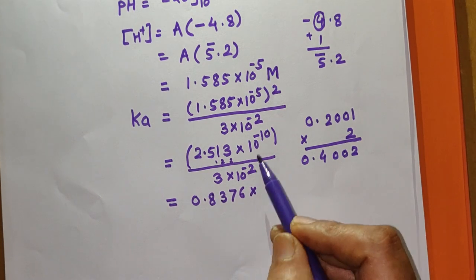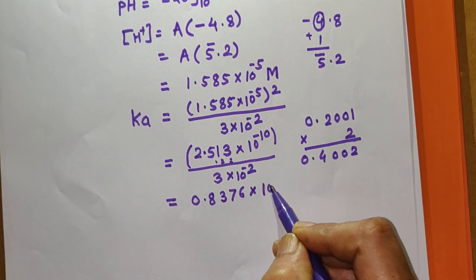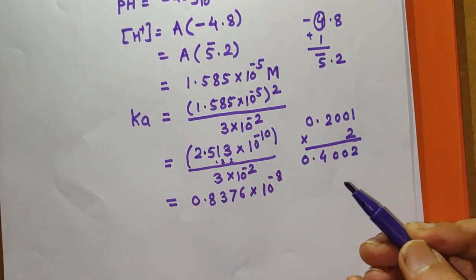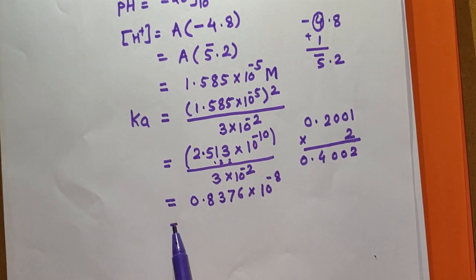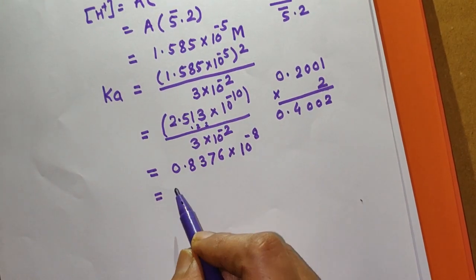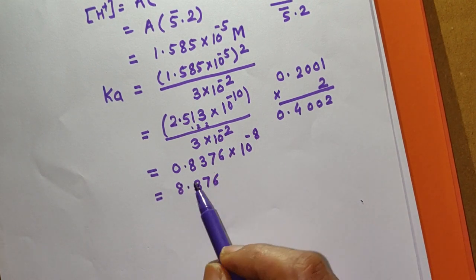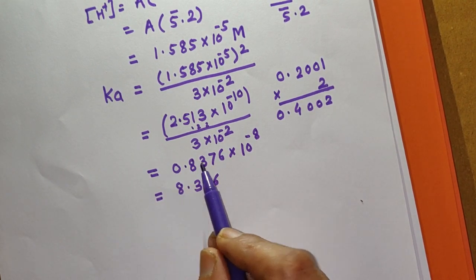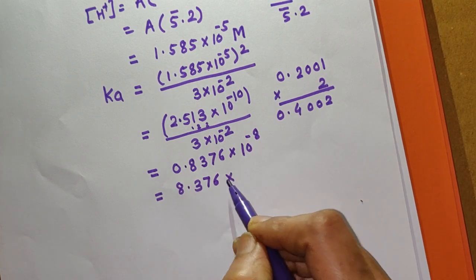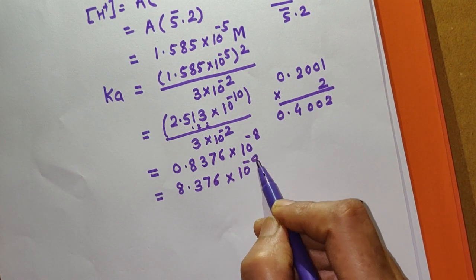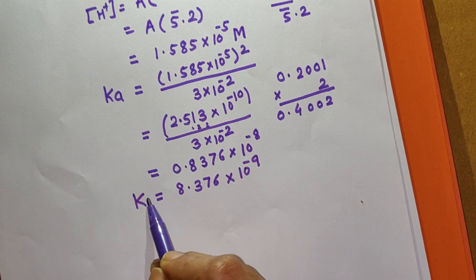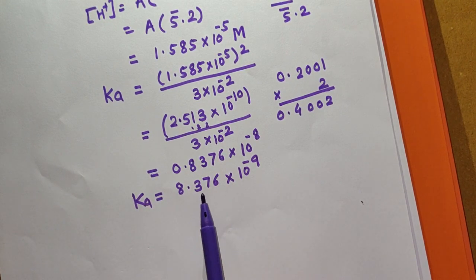So it will be 10 raised to minus 8, or you can write this number as 8.376. Here we have multiplied by 10, so divide it here by 10, that is 10 raised to minus 9. So remember, Ka for this solution is equal to 8.376 into 10 raised to minus 9.